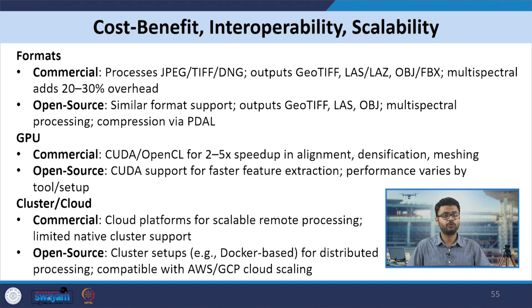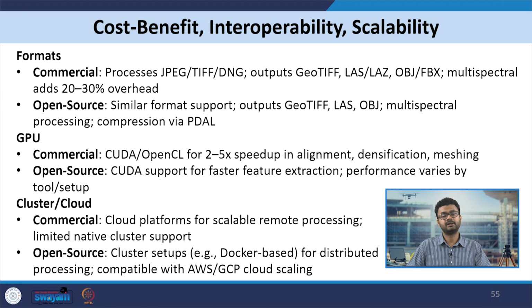They also support Open Computing Language, and combined with this setup, they provide 2 to 5 times speed up in alignment, densification and meshing. Open source softwares may sometimes be slightly less efficient than commercial software, but if you're doing it for your academic purpose or research purpose or don't have a very large area, then I think the efficiency or speed of commercial and open source software is quite similar.